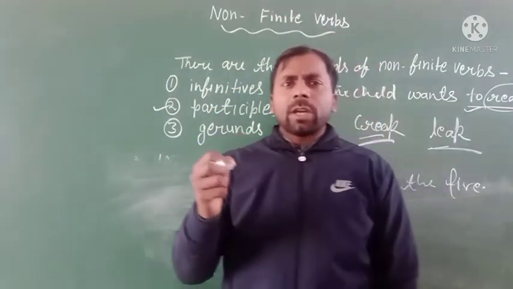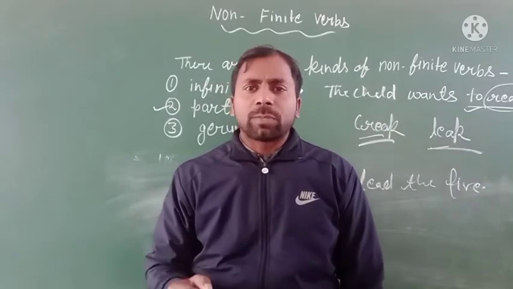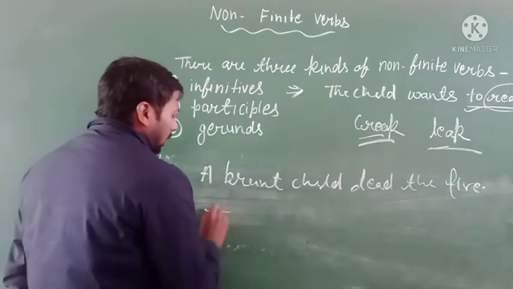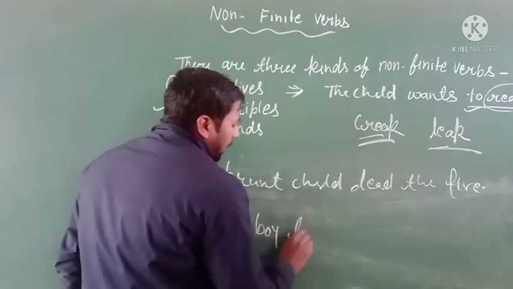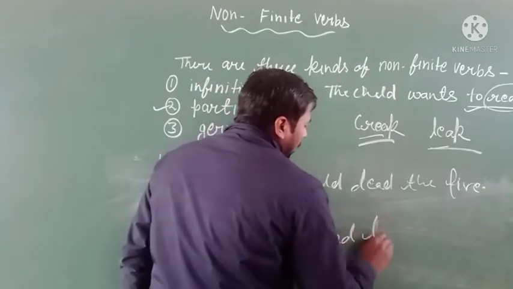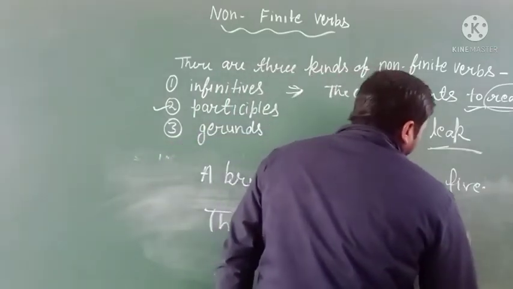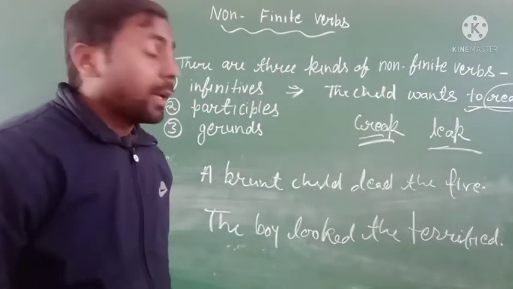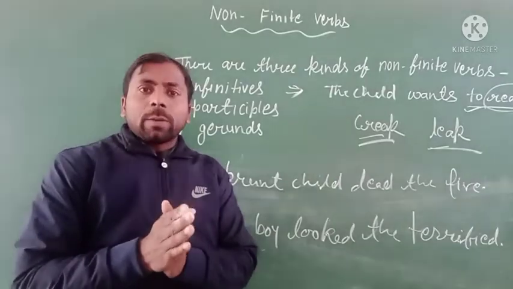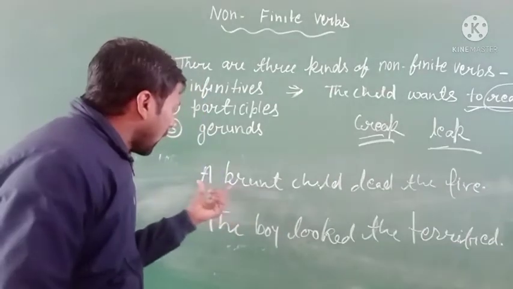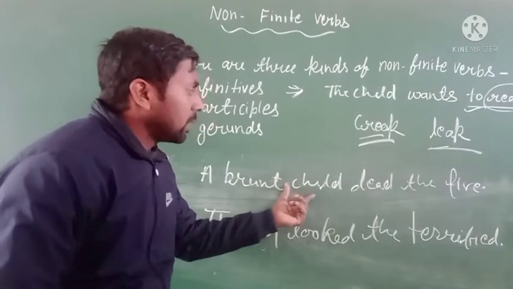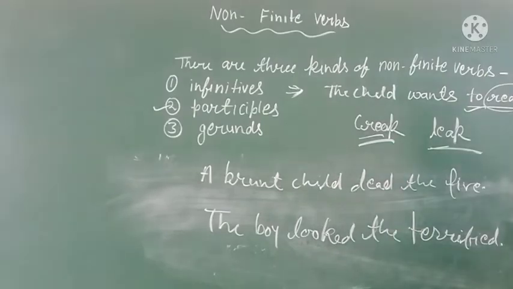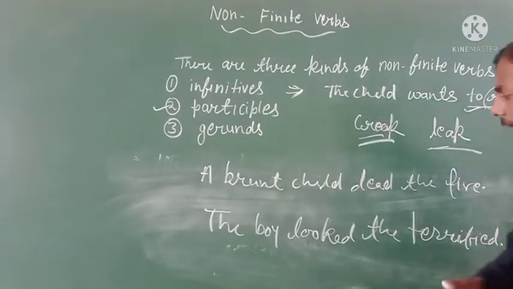And in the predicate, modifying the subject or the object, like the boy looked terrified. The boy looked terrified. It means attribute. You can see here, a burnt child dreads the fire, so here the past participle is used as an attribute.